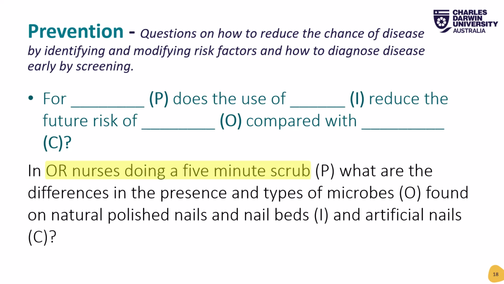The question is, in operating room nurses doing a 5-minute scrub, what are the differences in the presence and types of microbes found under natural polished nails and nail beds compared to artificial nails? For this question, we can see here, sometimes PICO is put in order, otherwise we can change the order of appearance.